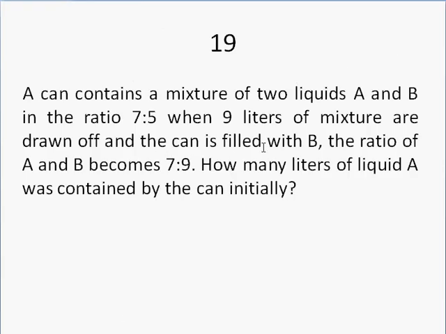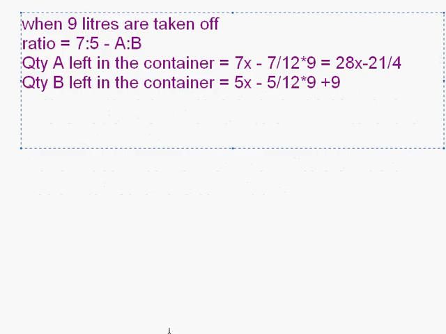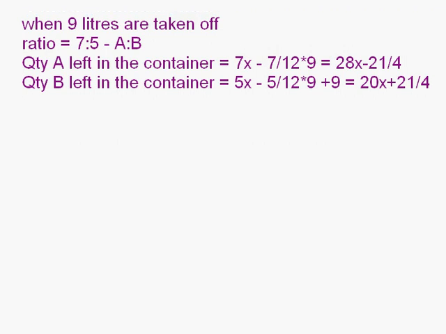The can is filled with B. 9 liters of mixture are drawn off and the can is filled with liquid B. So after that the ratio became 7:9. Okay, so we did it one time. So the quantity of B will be 20x plus 21/4. Alright, so we got two different equations.